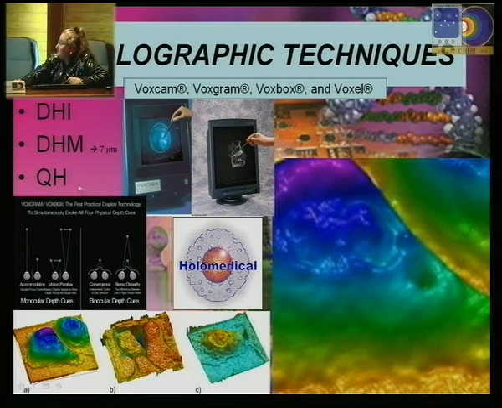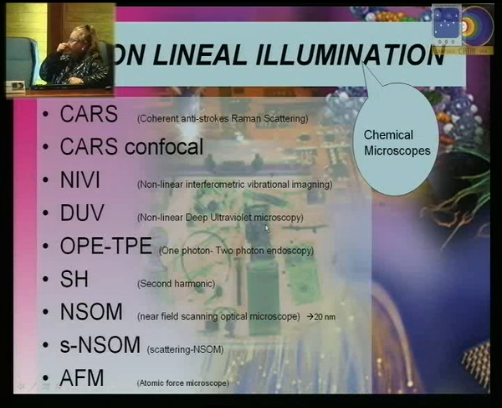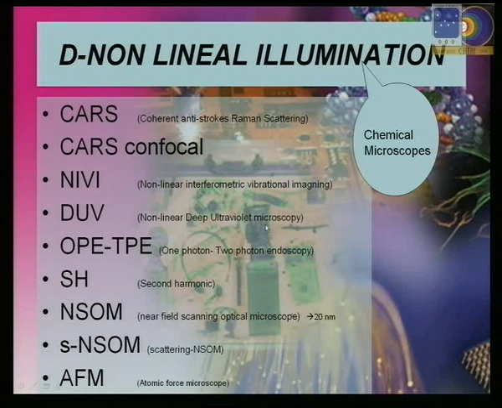There is also holography in microscopy, as you will see, but this is for the biological area and far from us. Also far from us, although extremely important for medicine and for genetic therapy and things like that, is the area of nonlinear illumination that builds chemical microscopes.